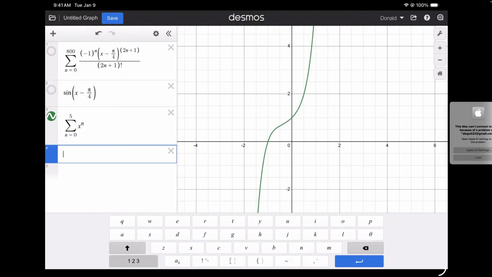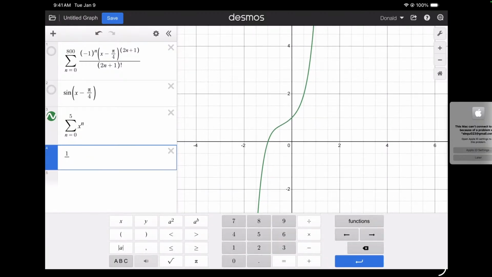And then we say 1 over 1 minus x. This is only the 5th iteration, and it's already pretty accurate between, let's say, negative 0.2 and positive 0.2. Pretty accurate all the way out to 0.5.